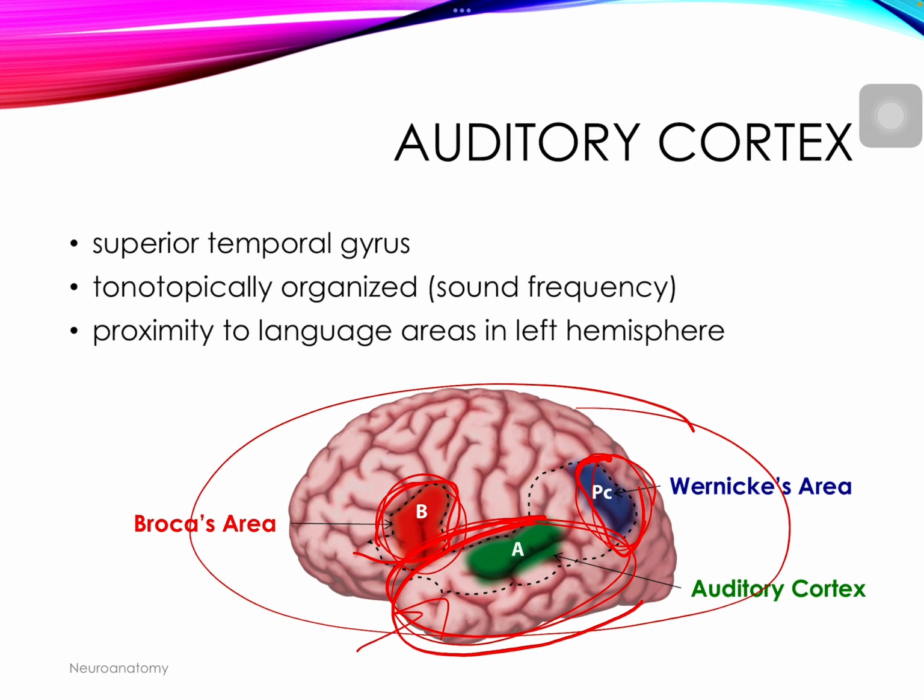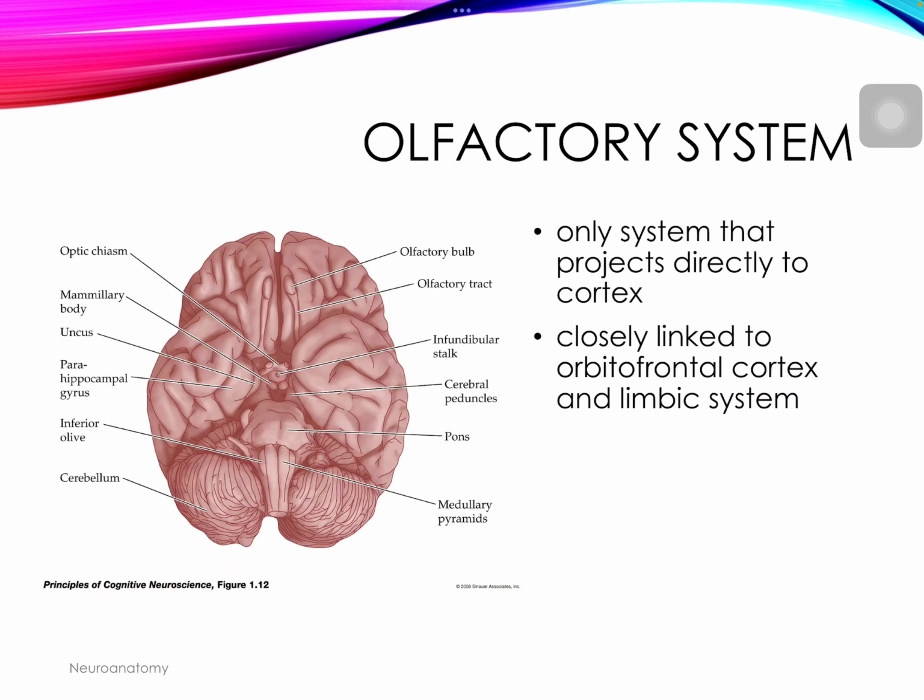So if you have a stroke on the left side of your brain, in these areas, anywhere like right here, then there's a potential chance of having language difficulties. Whereas if you were to have the same stroke in the same area on the right side, the chance of it being language related is a lower risk.